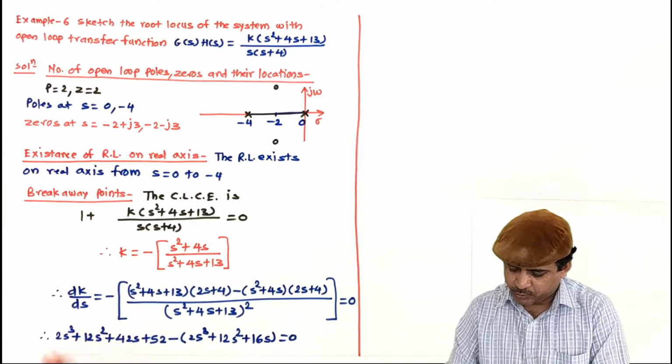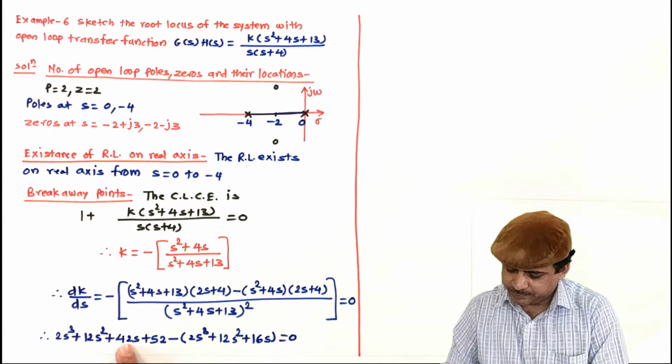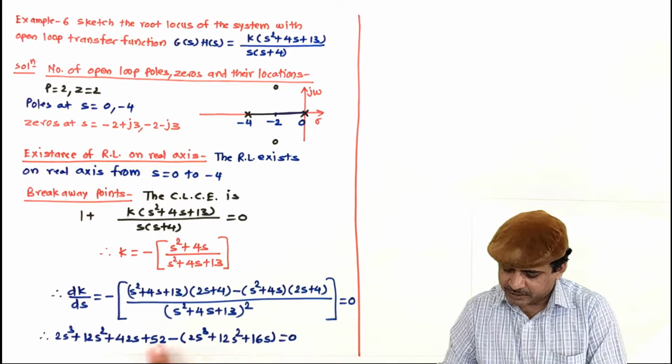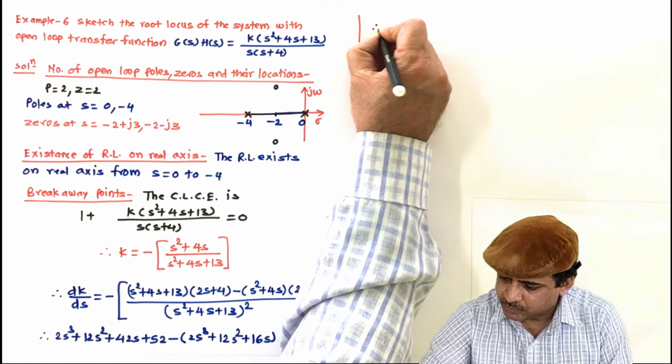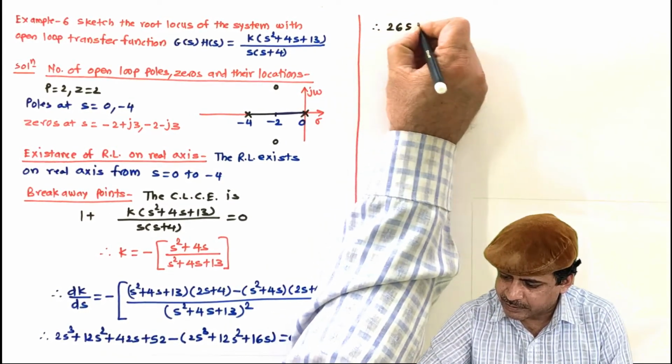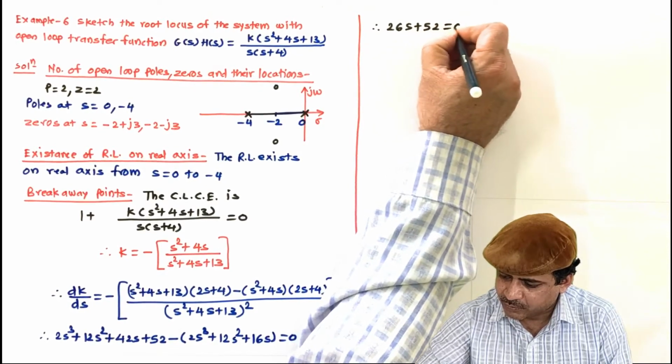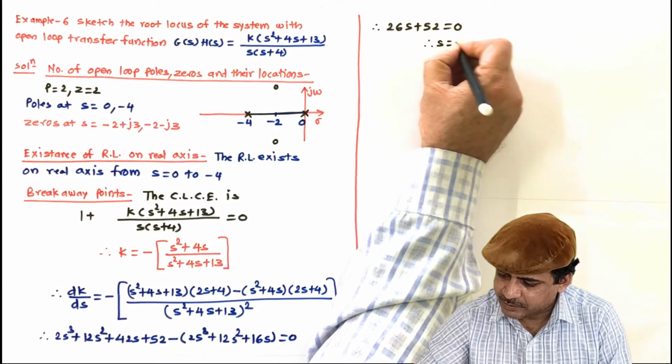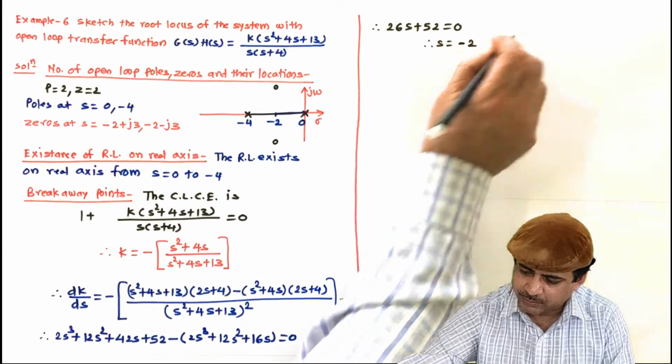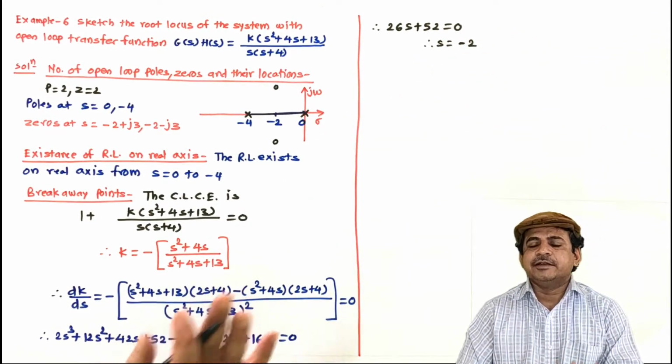And this calculation gives me 2s cube cancel, 12s square cancel. This will be 26s plus 52 equal to 0. So 26s plus 52 equal to 0. So s is equal to minus 2. There is only one breakaway point, and that is valid.